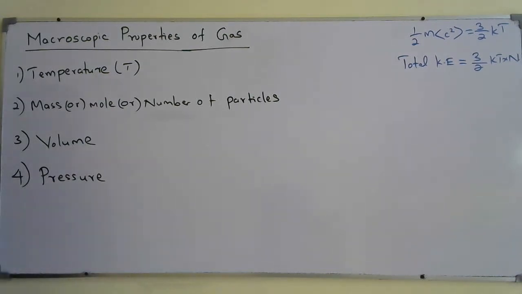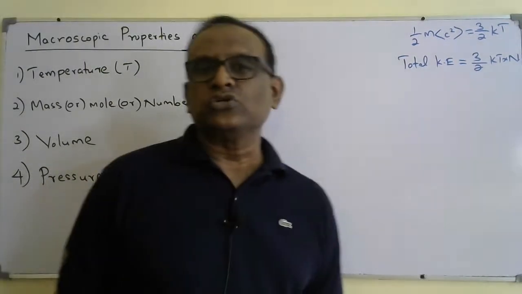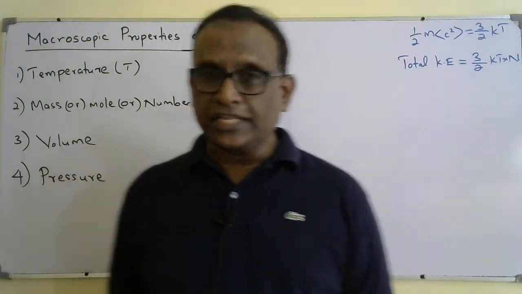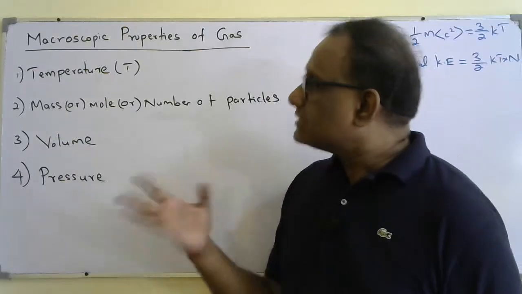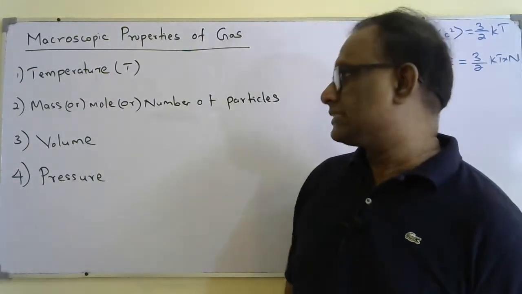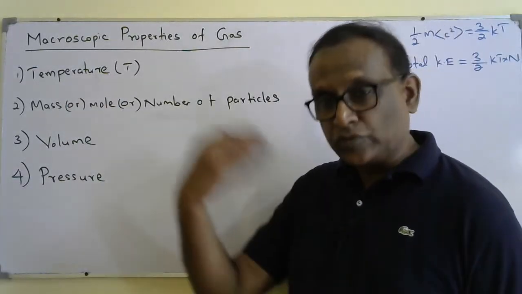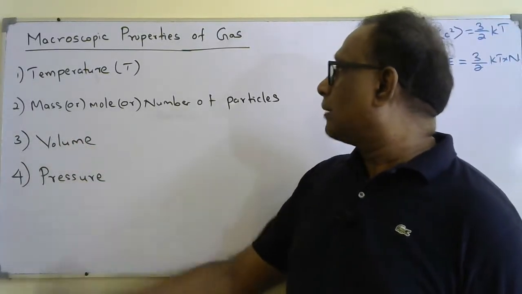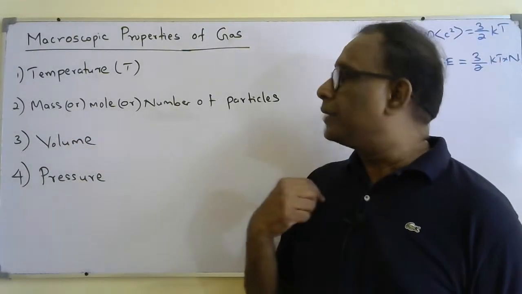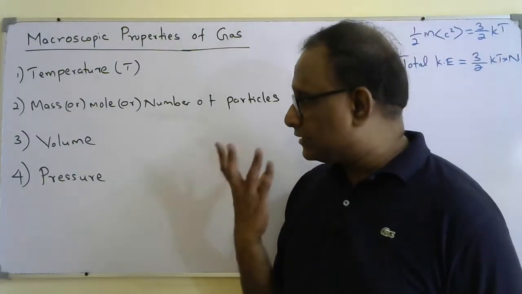Okay, so the temperature of the gas is due to the average kinetic energy of the molecules, or the average kinetic energy of the particles of the gas is the reason for the temperature. I already told that before starting the specific heat capacity. Mass or molecule or number of particles is also a macroscopic property because it is measurable.